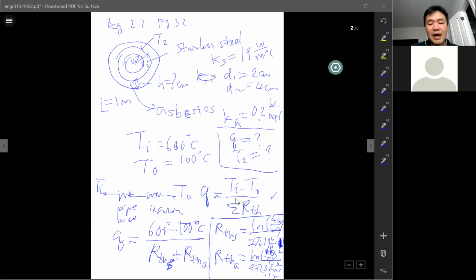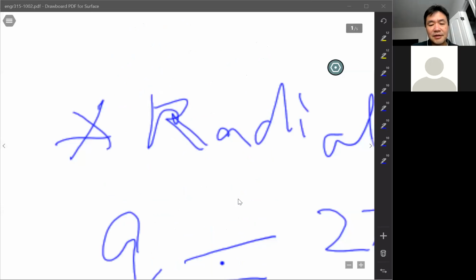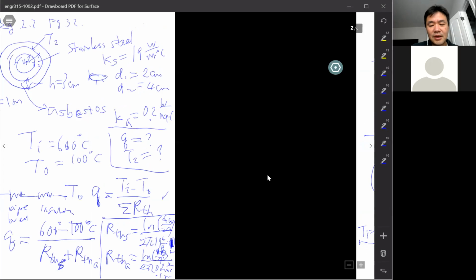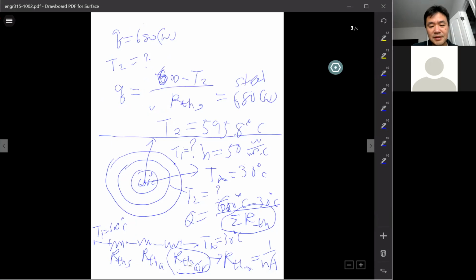Okay, so after we find out the thermal resistance of each item, then we add them up to find the total thermal resistance of the whole thing. Then use the temperature difference divided by the overall thermal resistance.